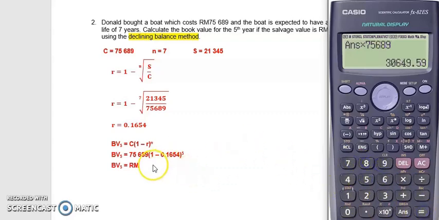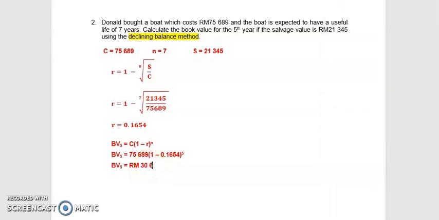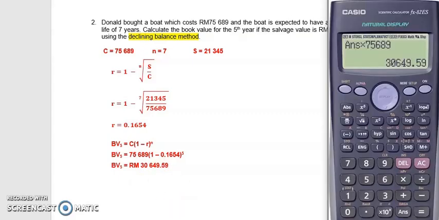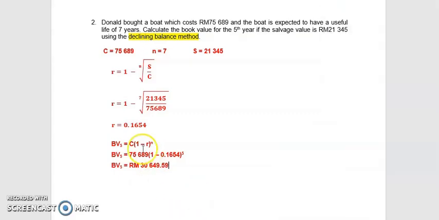So book value year 5 is 30,649.59. Okay. So this is value of the boat if you want to sell it at year 5. Okay, so book value is value of the asset at that particular year. But salvage value is value of the asset at the end of useful life.